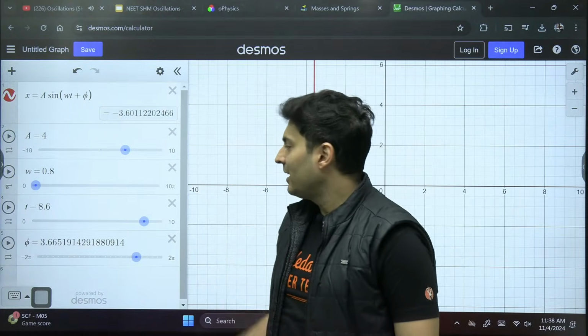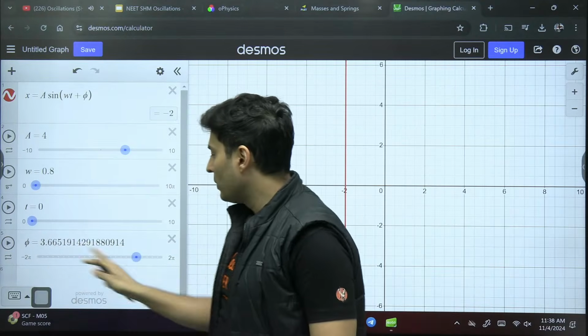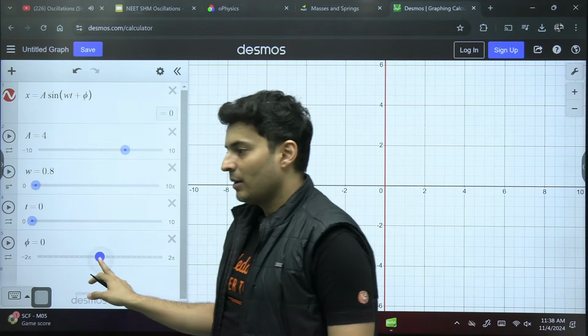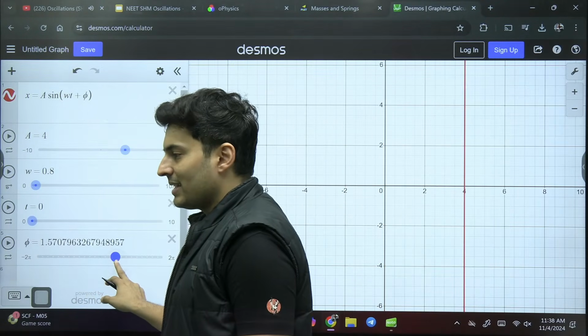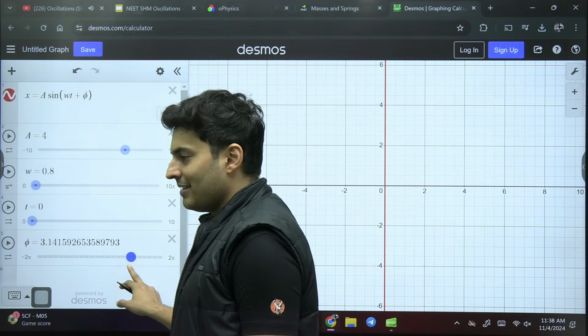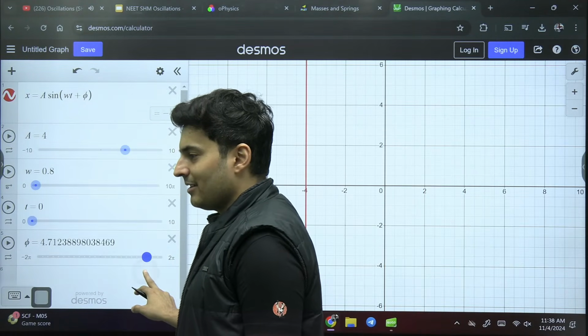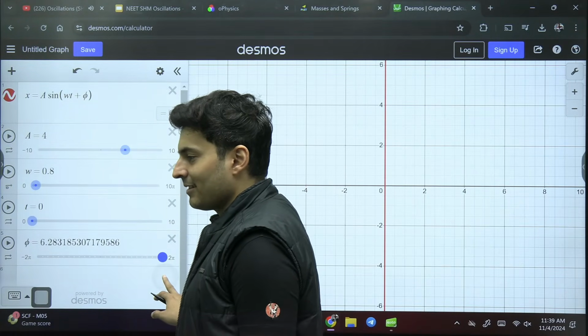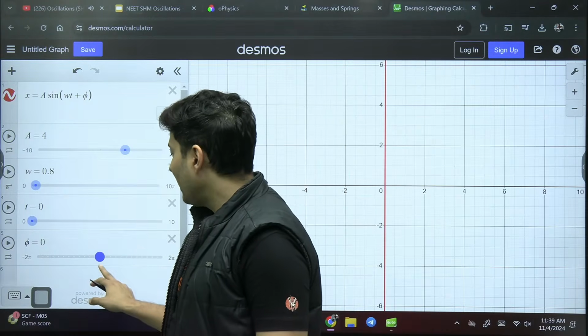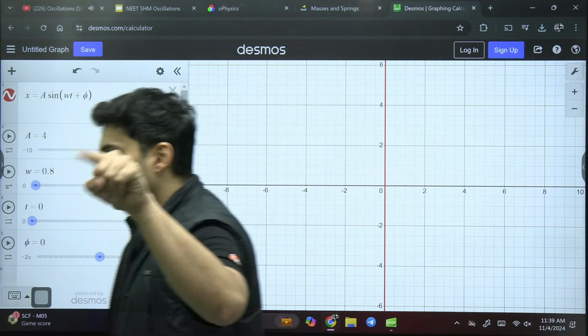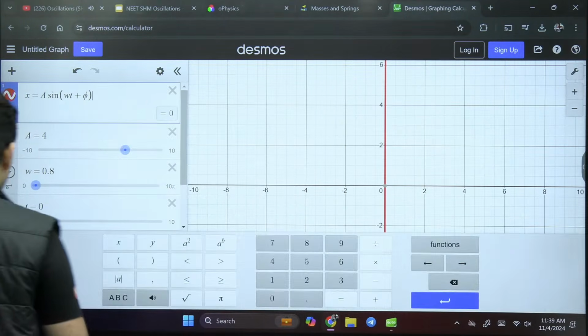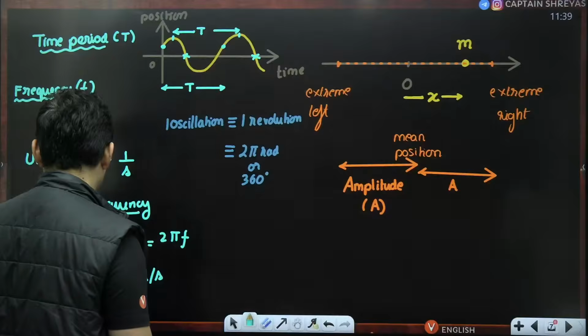So this phi tells me at t is equal to 0, what was my phase? Was I here? Or was I here? So it tells me where I was initially, initial phase. Correct. That is what it is called. Perfecto.